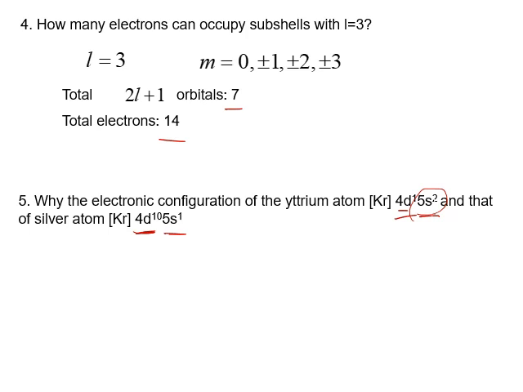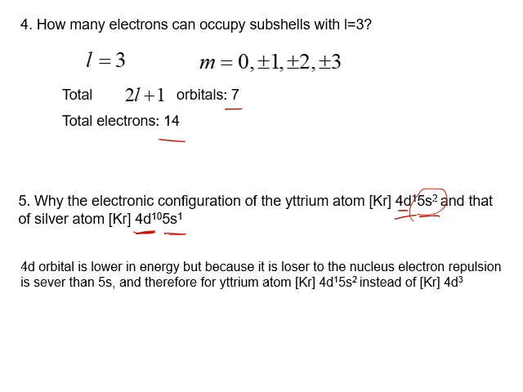The reason for yttrium to be 4d1 5s2 is that even though the d orbital has a lower energy than the s orbital, the 4d orbital is closer to the nucleus, so the electrons in the d orbital will suffer repulsion, and therefore, to minimize the energy, the electrons fill the s orbital first, and then go to the d orbital.